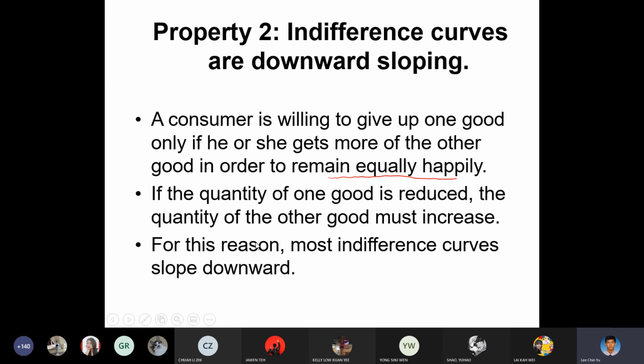That's why most indifference curves slope downward. Over here we use the word most, meaning that in the normal situation, if you consume a good that gives you utility, it should normally be downward sloping.